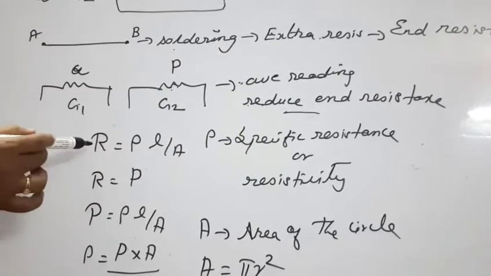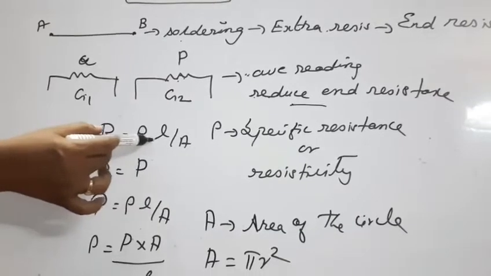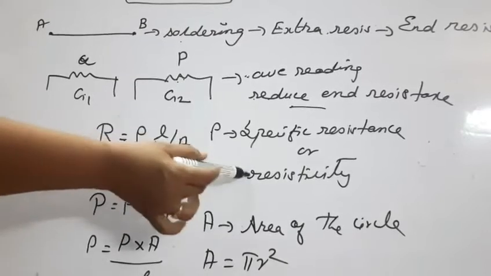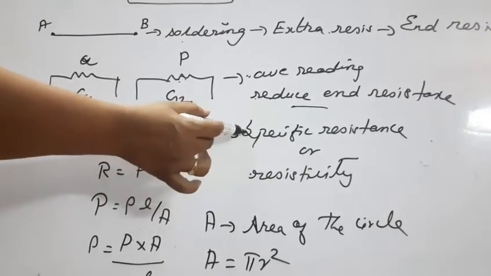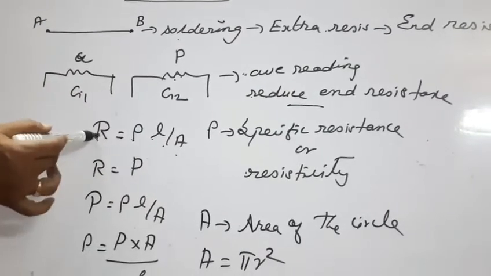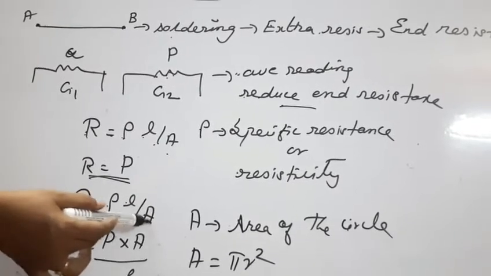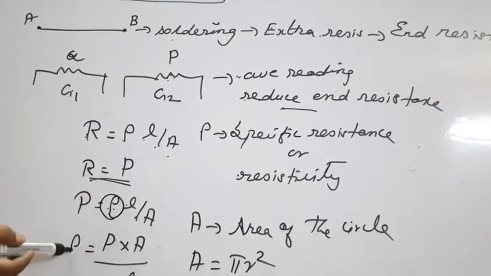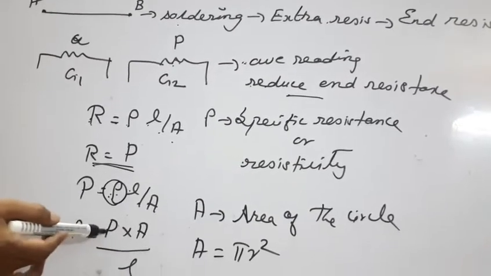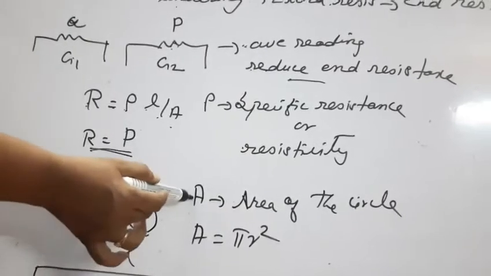So we know that the resistance is equal to rho into L by A. This rho is nothing but resistivity, or it is known as the specific resistance. So now instead of R we write P. Therefore P equal to rho into L by A, whereas rho is known as the specific resistance. Therefore rho equal to P into A by L. This A is the area of the wire.